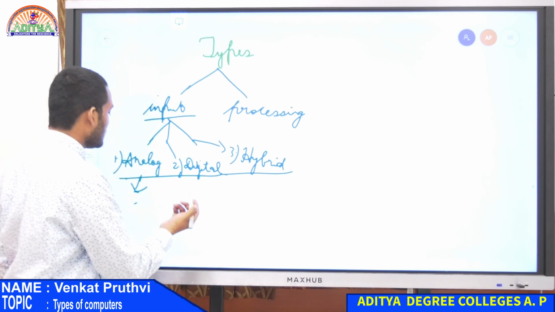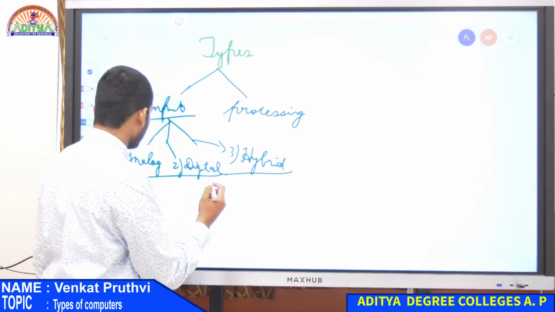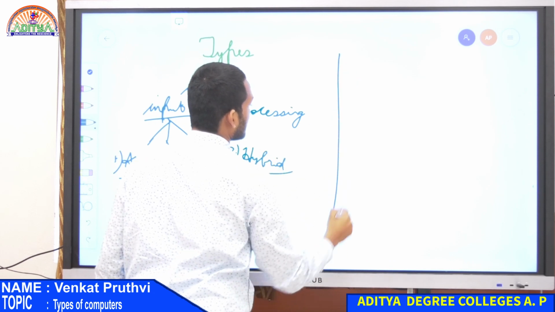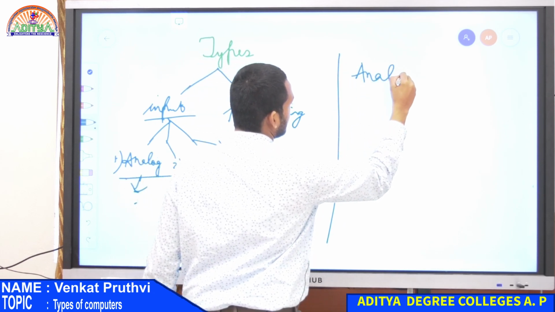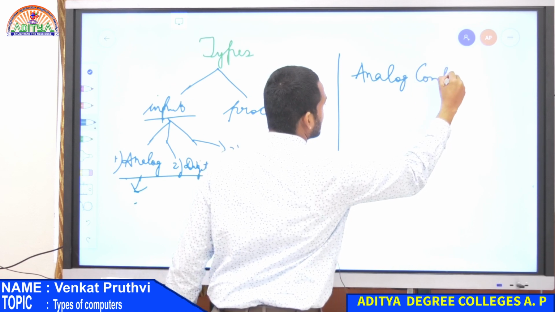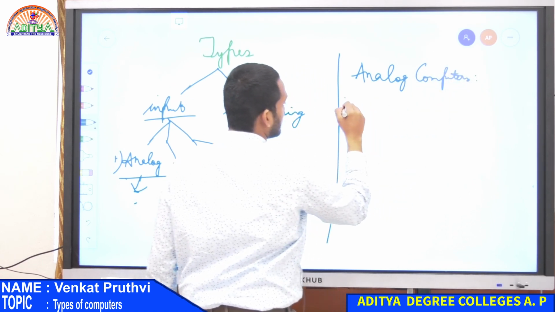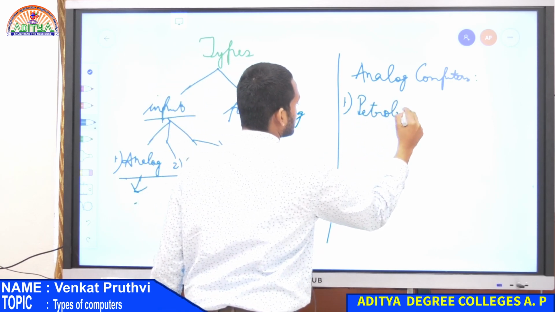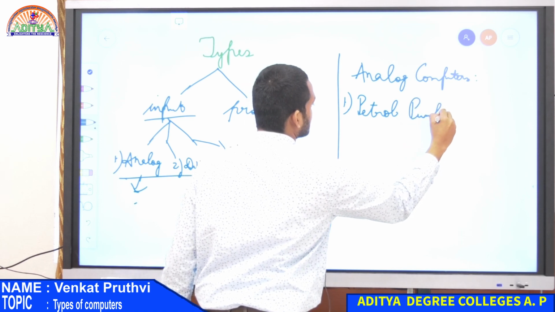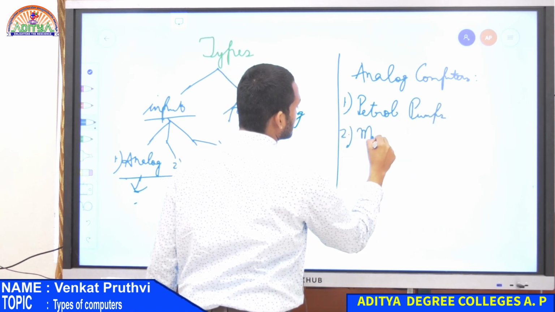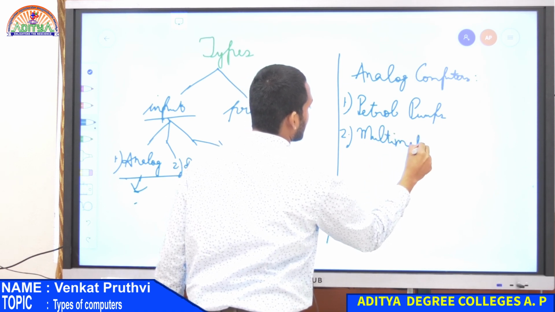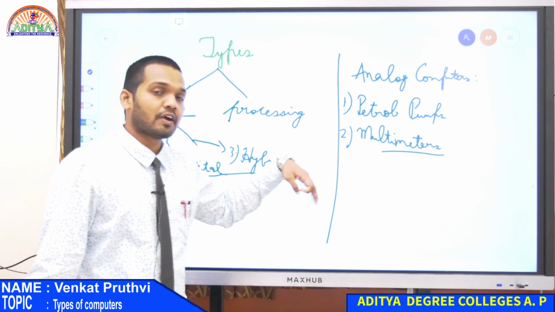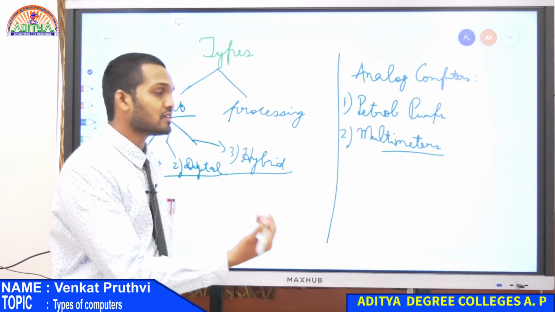The best examples for analog computers are multimeters and petrol pumps. Multimeters are electronic devices used to find out the voltage levels in a device or in a circuit.